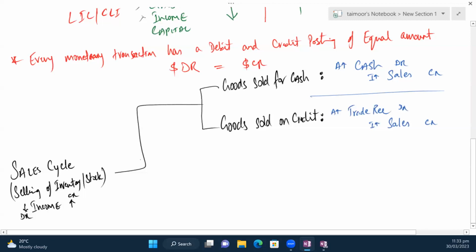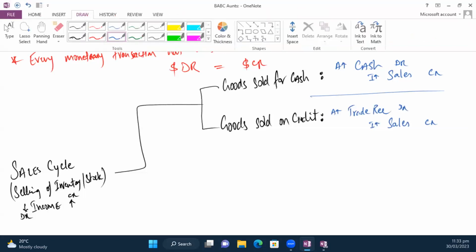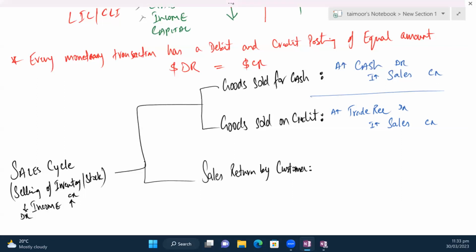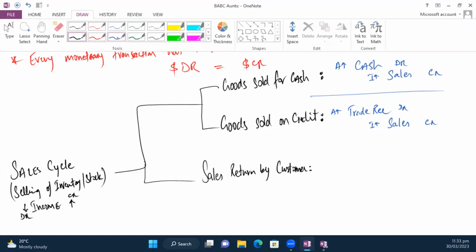Now, इसके बाद next entry would be sales returned by customer. That means your customer is returning goods back to you. ठीक है जी.